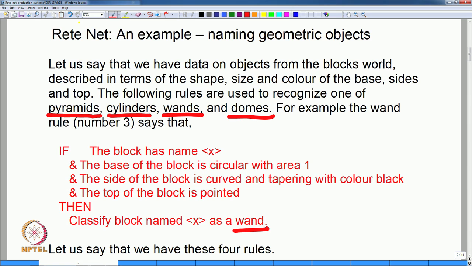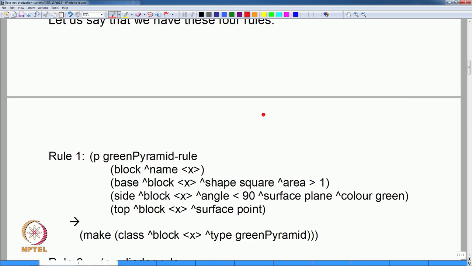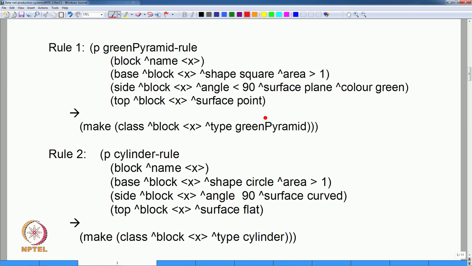So, let us say we have these 4 rules. Here are 2 and 2 on the next page. There is this rule called a green pyramid rule. So, we are talking about a green pyramid obviously. Now each of these things that we see here, these are the 4 patterns that this rule is looking for.